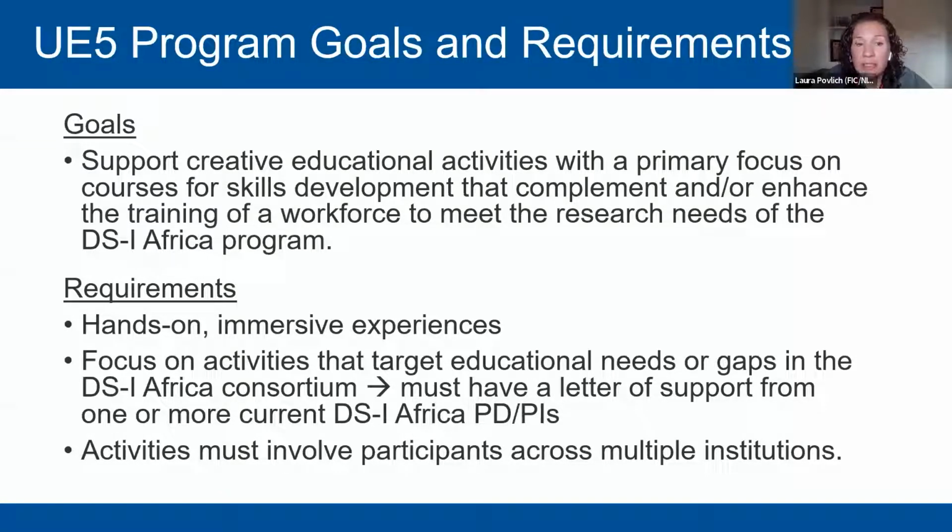Some of the requirements of this funding opportunity include that there should be a focus on hands-on immersive experiences. There should be a focus on activities that target educational needs or gaps in the DSI Africa Consortium, which means that applications must have a letter of support from one or more current DSI Africa PDPIs. And finally, activities must involve participants across multiple institutions.